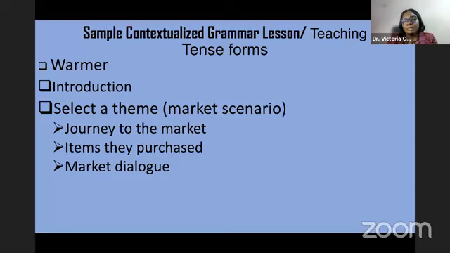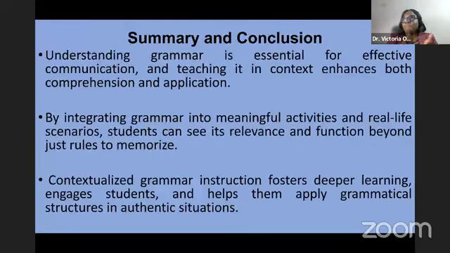And so what we are saying in all this discussion is, yes, we have done grammar as a standalone subject in several scenarios and occasions. Let's move it a step higher. Let's try to let our students be more interested in it. Let's try to contextualize it. We've come to see that grammar is essential for effective communication, and teaching it in context enhances not just the understanding or comprehension, but also the application.